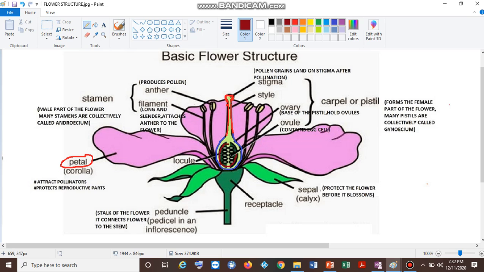Ovule is that structure that bears the female gamete, that is the egg cell. So first we have got ovary, then inside ovary we have got ovule, and inside the ovule we have got the female gamete called egg cell, this one. So this is the egg cell. I hope this is clear.